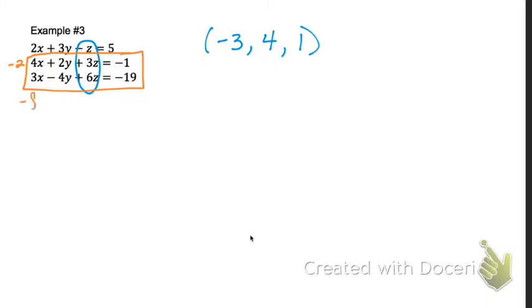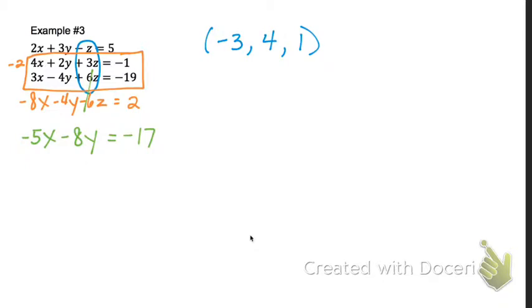So I've got negative 8x minus 4y minus 6z equals 2. From here, the z's will cancel. I add down. I have negative 5x minus 8y equals negative 17. So that is step 1.